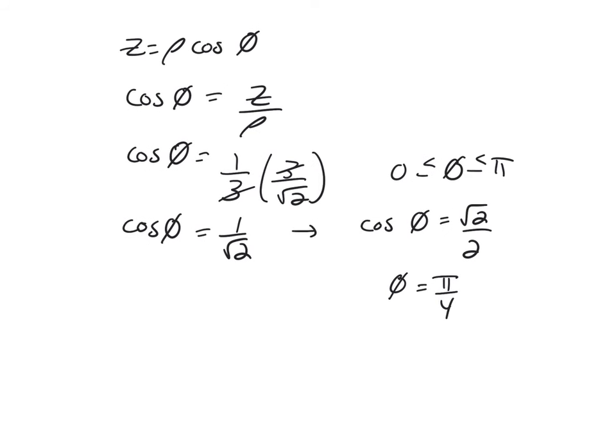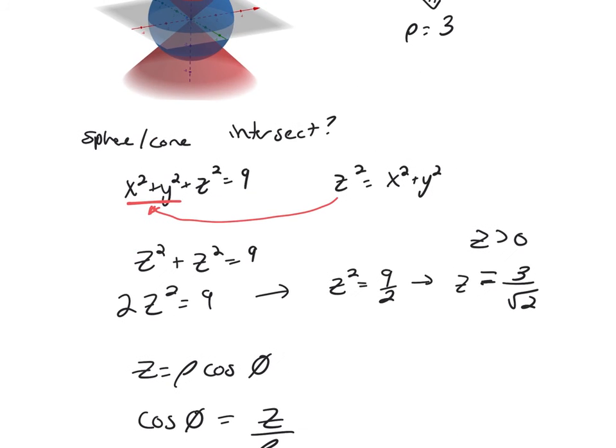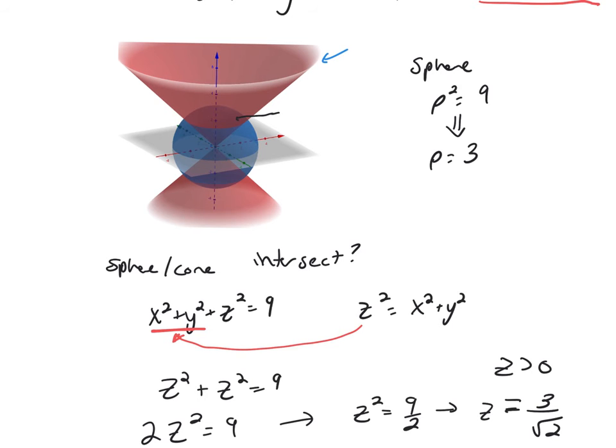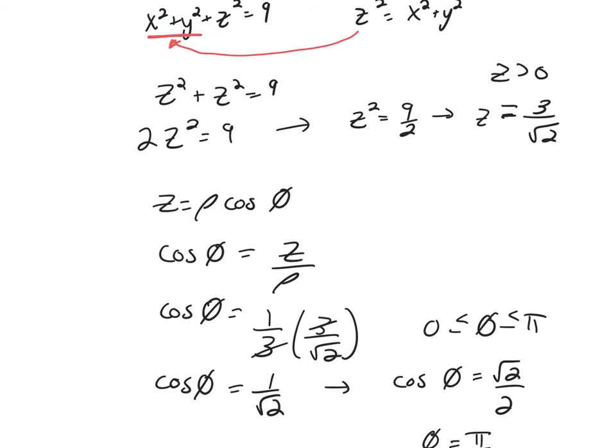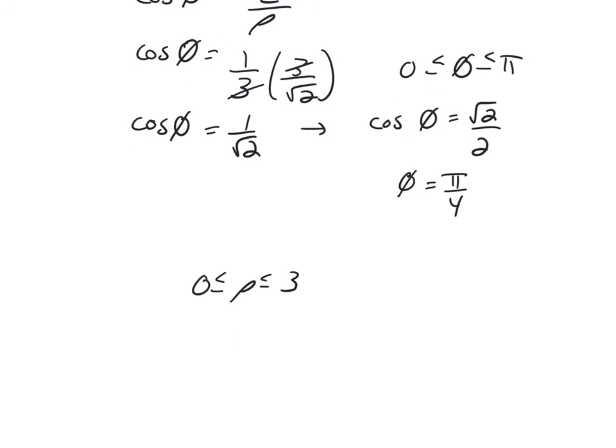So that gives us our bound on phi. And then theta, if you look at our picture, will go all the way around from 0 to 2 pi. So rho goes from 0 to 3, phi goes from 0 to pi over 4, and theta goes from 0 to 2 pi.